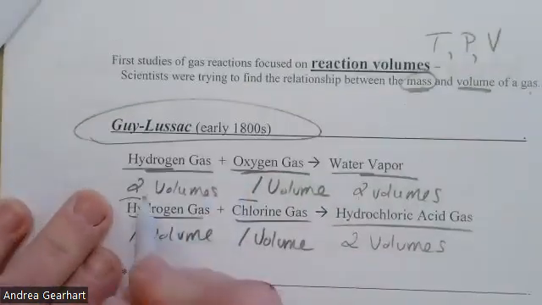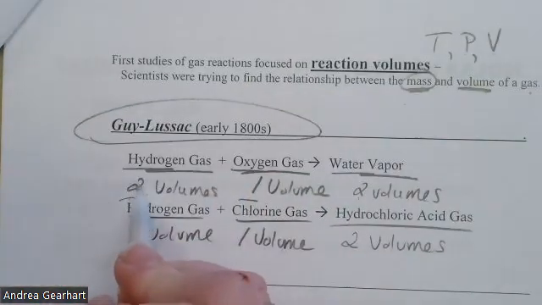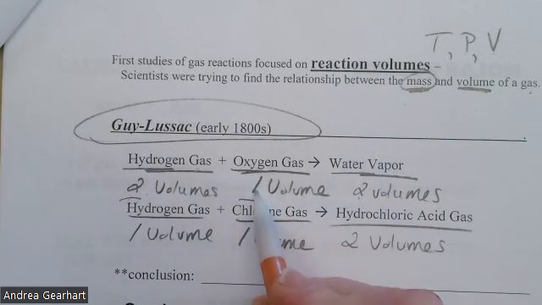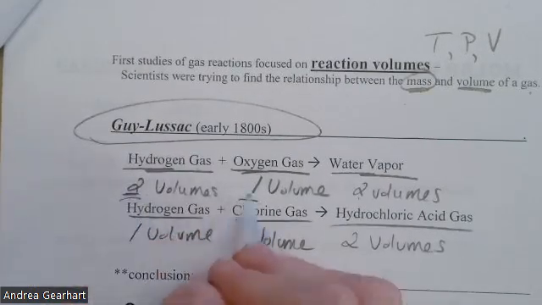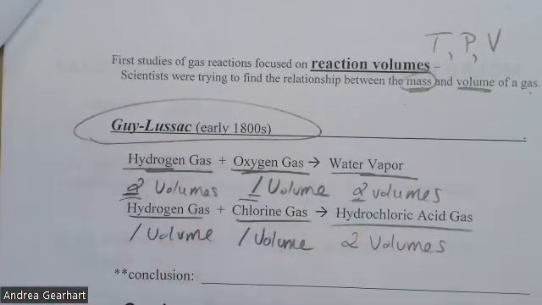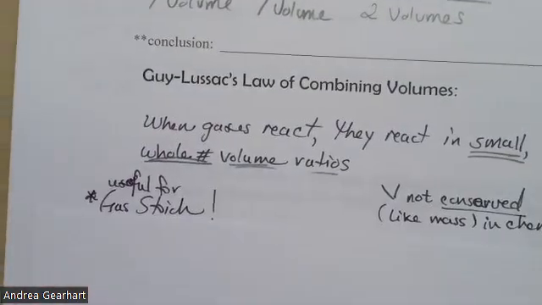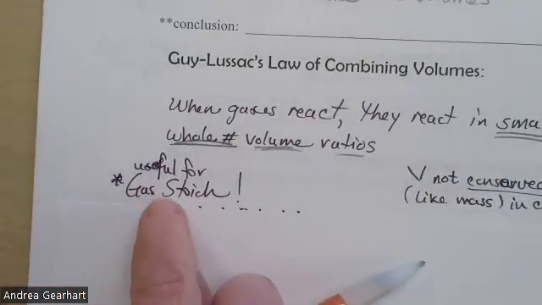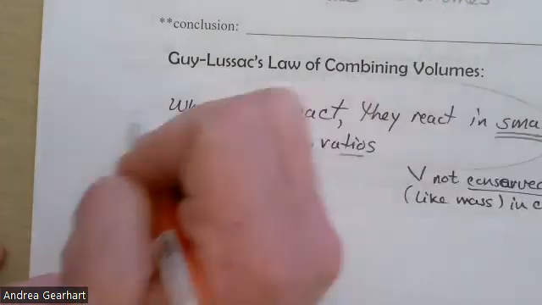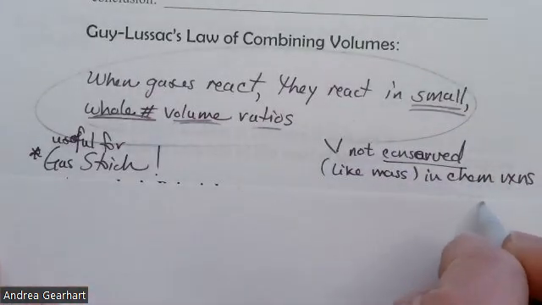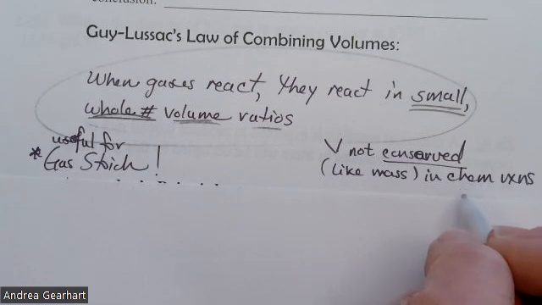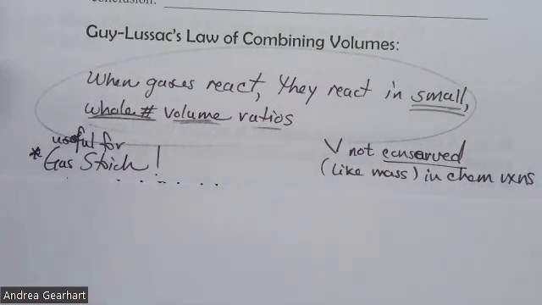So today we would say 2 milliliters of hydrogen react with 1 milliliter of oxygen to yield 2 milliliters of water. Small whole number ratios. This will come in very handy when we do gas stoichiometry. So remember this, volume is not conserved in a chemical reaction. It's a bummer, but still a finding.